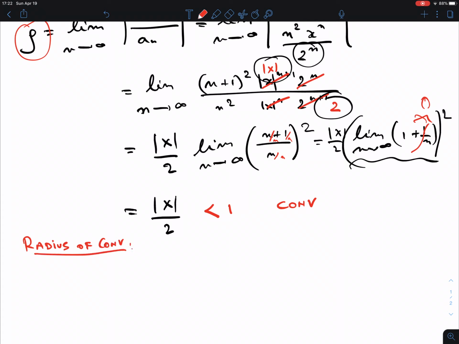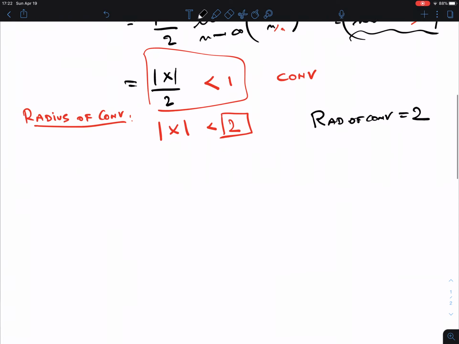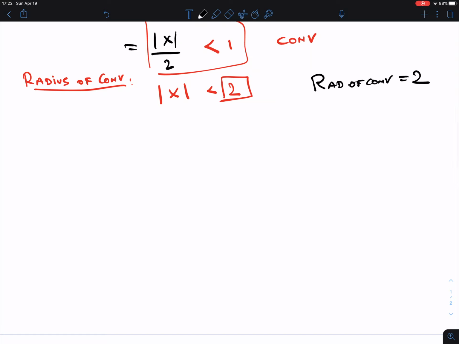No, you have to solve for absolute value of x in this inequality. So that becomes absolute value of x is less than 2. And then this number is your radius of convergence. So R here, the radius of convergence, is 2.